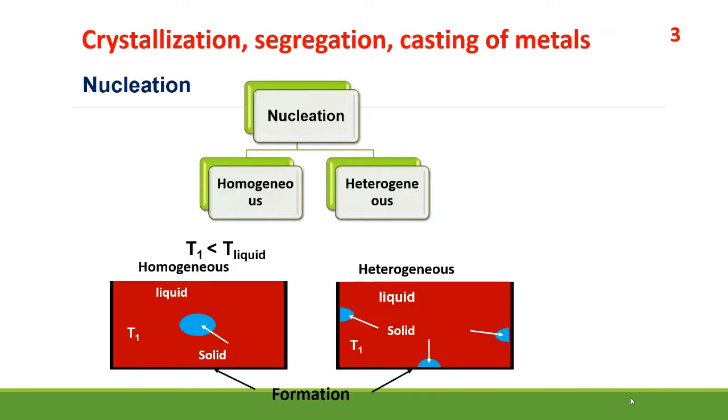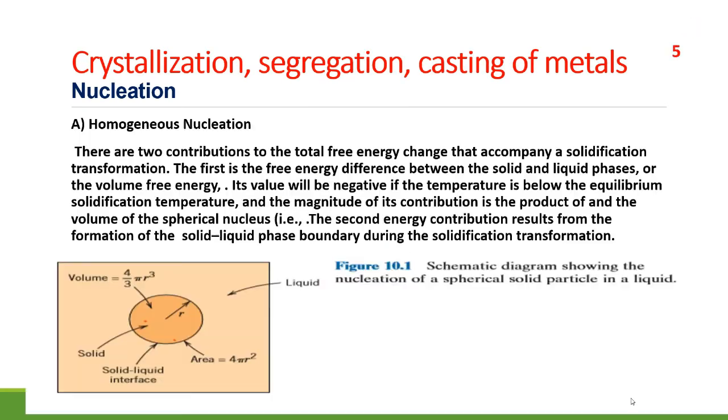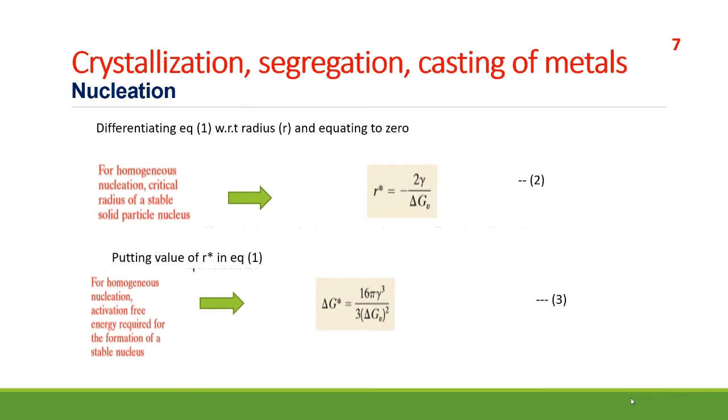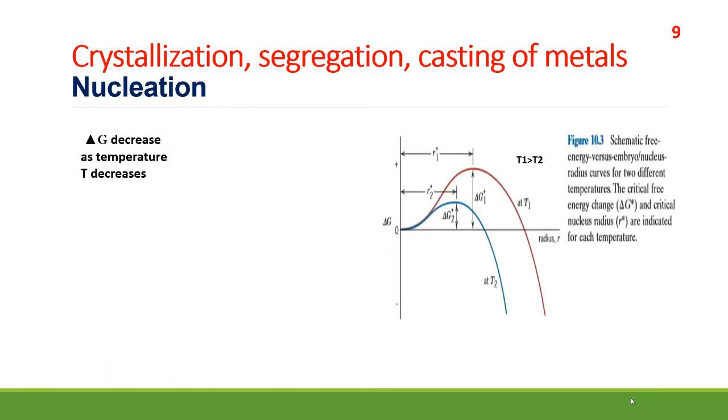We have learned about homogeneous and heterogeneous nucleation, and we saw how it happens and how the free energy term depends on both the volume free energy and surface free energy for nucleation.